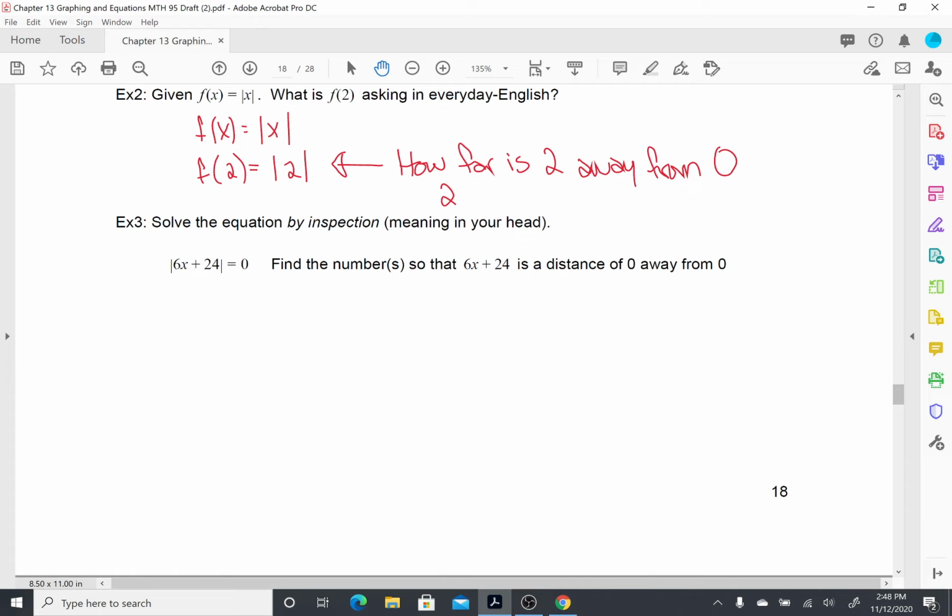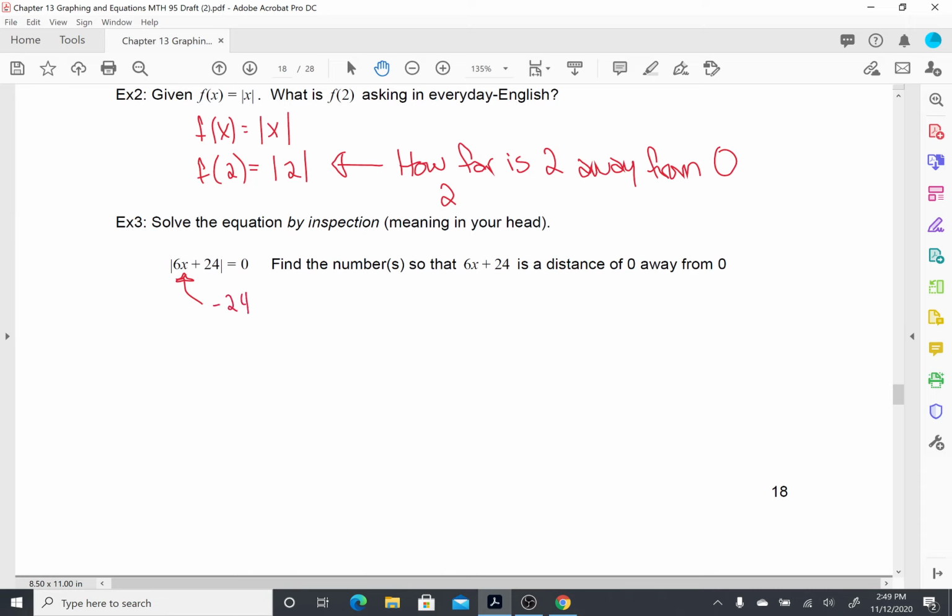Can I think of an x value that when I multiply it by 6 and I add 24 to it, and then I take the absolute value, I get 0? So I think I can do that. I'm thinking about right now trying to make this part of my equation equal to negative 24.